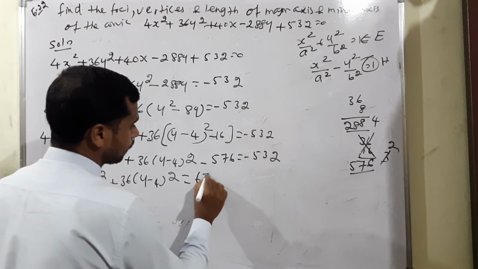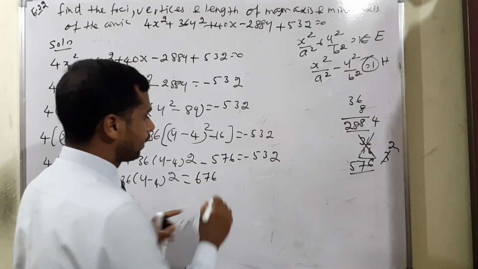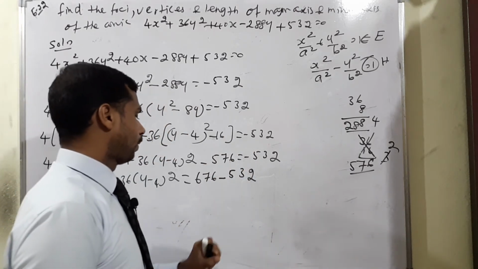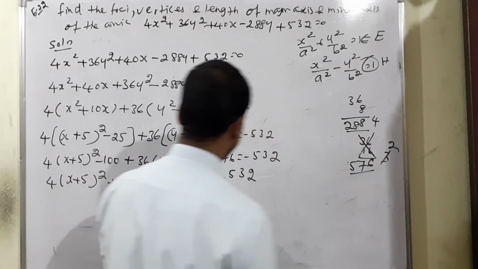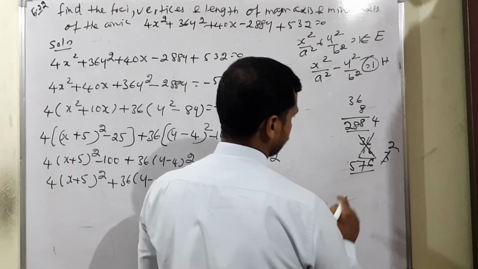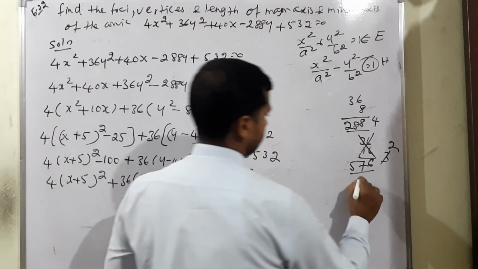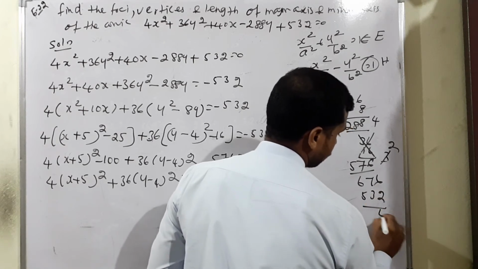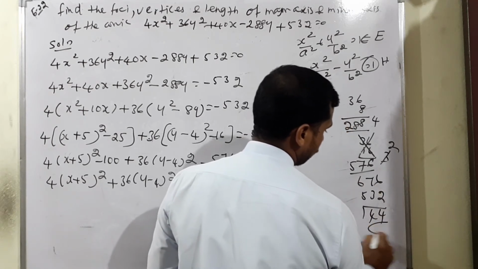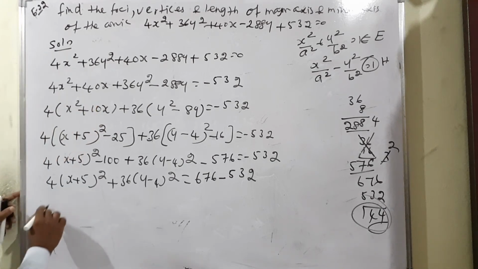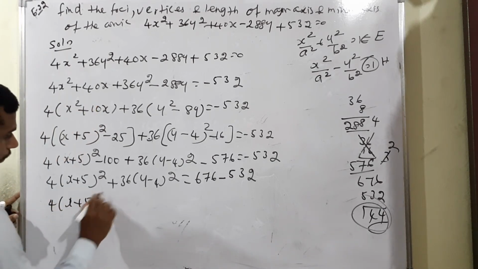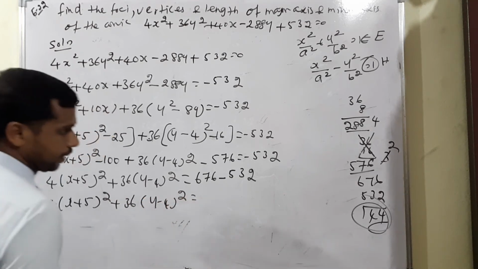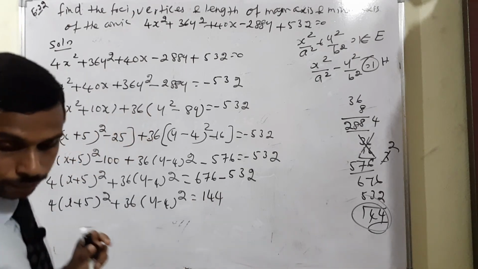Bring it to the opposite side: positive 676, and we already have −532 on the right-hand side. Simplifying, 676 − 532 gives 144. Therefore, 4(x + 5)² + 36(y − 4)² = 144.